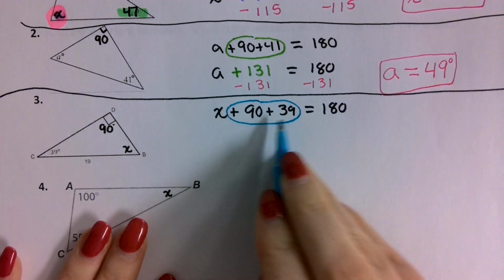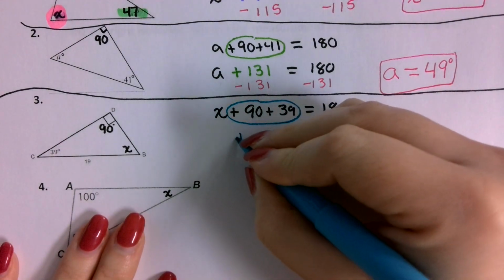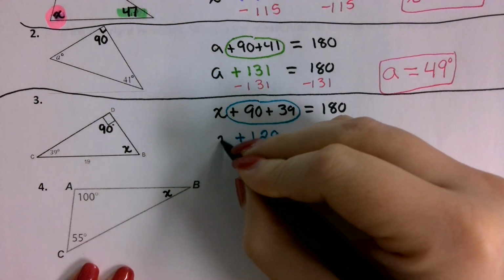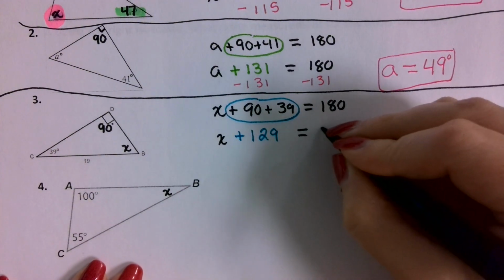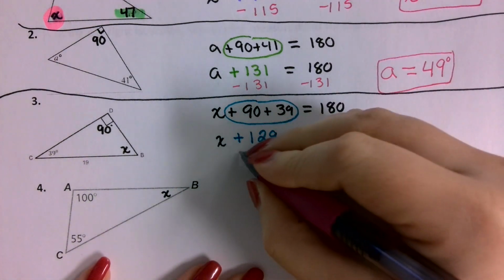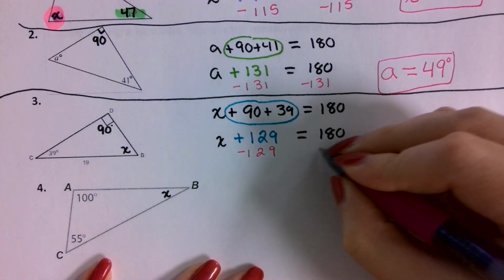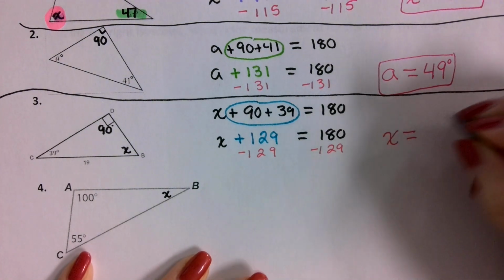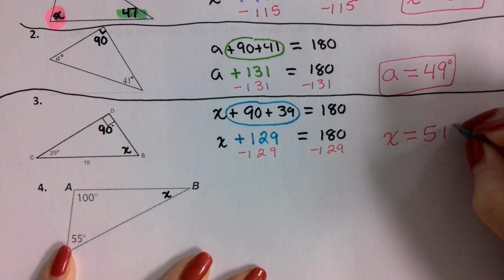When we combine the 90 and the 39, that gives us 129. So we now have the equation x plus 129 is equal to 180. Our last step is to subtract 129 from both sides. When we do so, we get that x is equal to 51 degrees. Good.